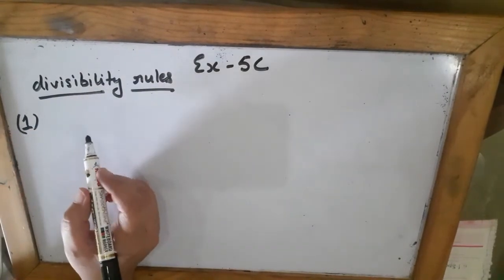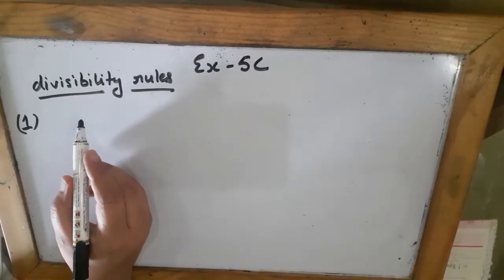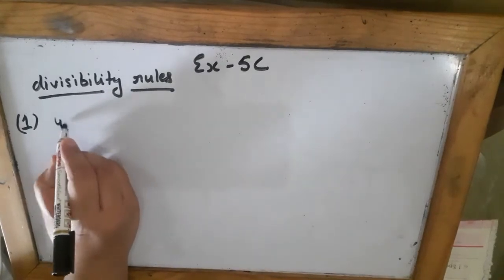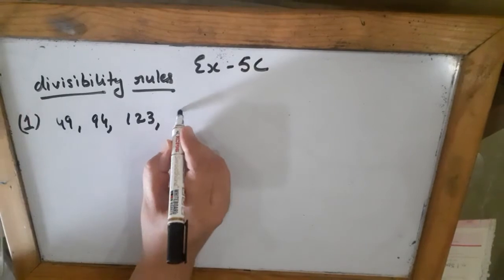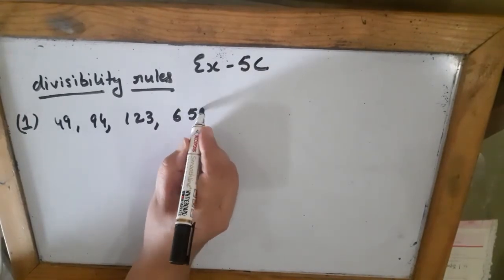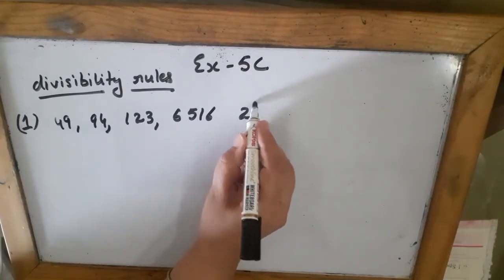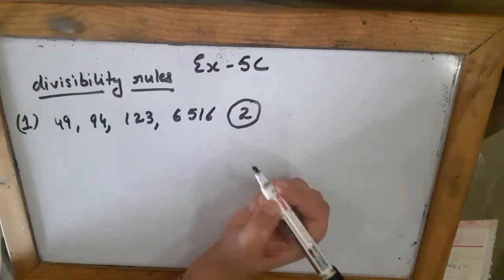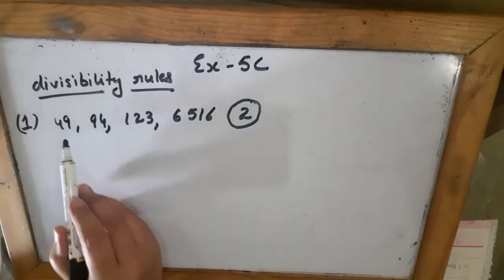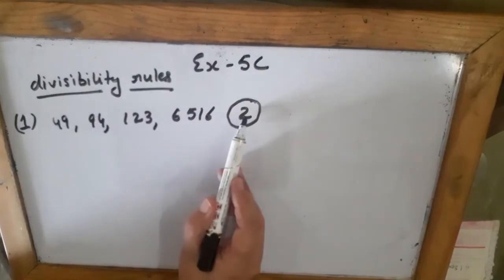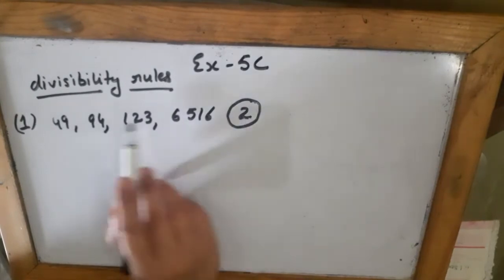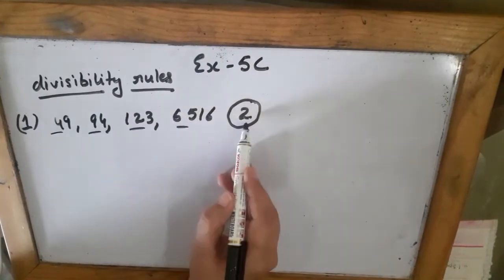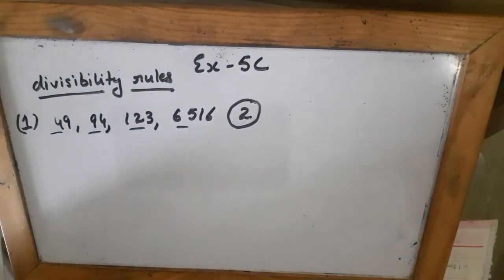In this, find the numbers that are divisible by the ringed number. As you can see, the numbers given are these, and in the ring, in the circle, they have given you the number 2. It means I have to see whether all these numbers are divisible by 2. Now what is the divisibility rule of 2?